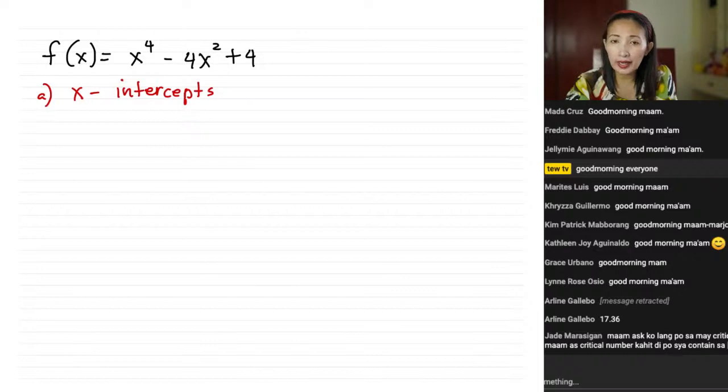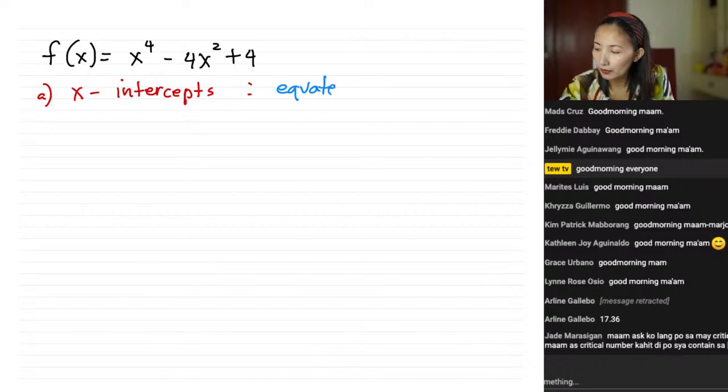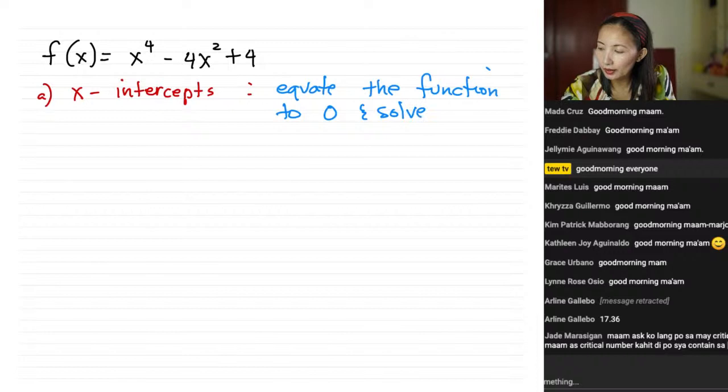Take note that your x-intercepts are the values found along your x-axis, which means y is 0. So to find the x-intercepts, equate the function to 0 and solve for x. Okay, let's do that here.